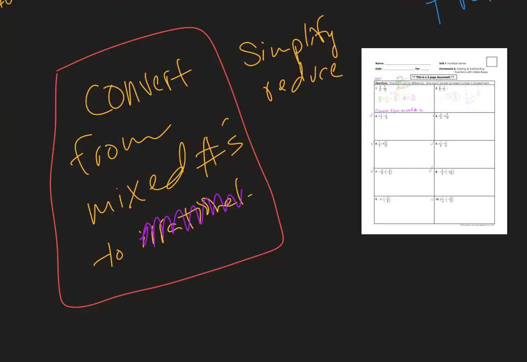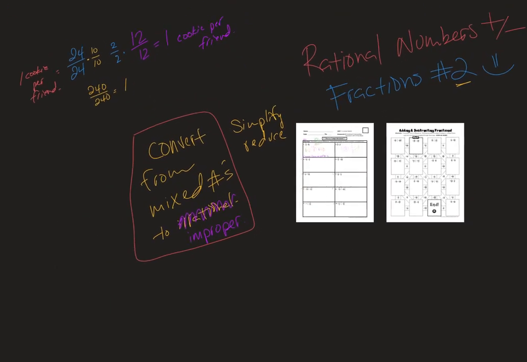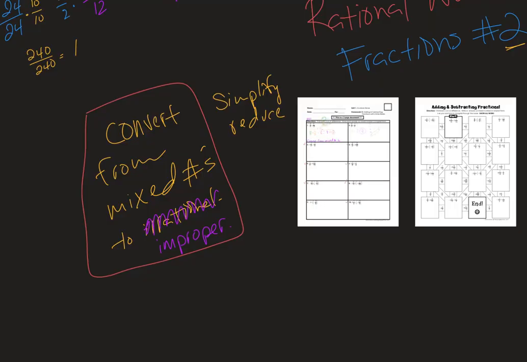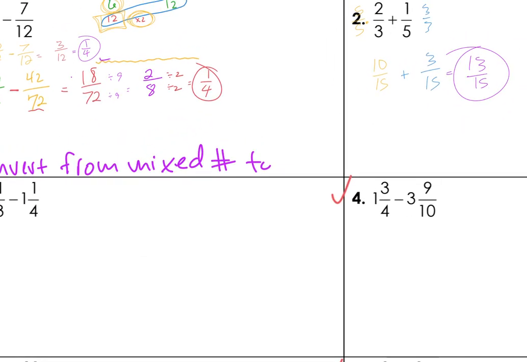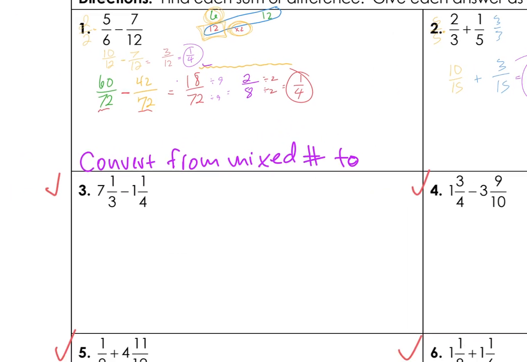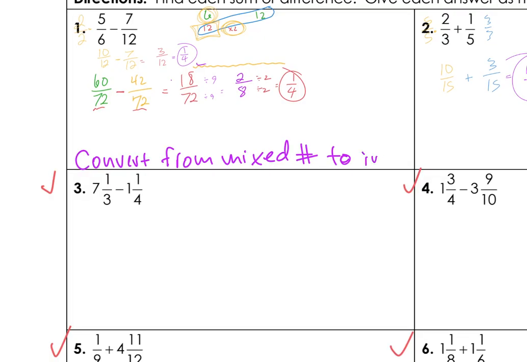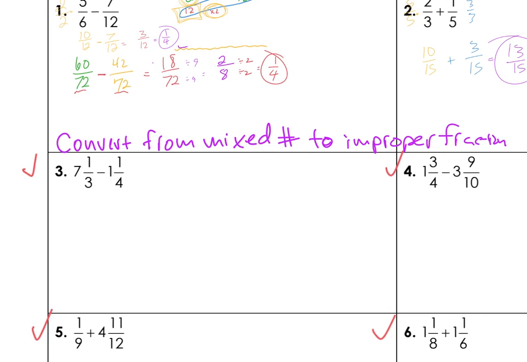Bro, it's not irrational. It's improper. So if you've been sitting here freaking out thinking he doesn't know what he's talking about, my bad. I used the wrong word. So convert from a mixed number to an improper fraction. Here we go. Let's do this.